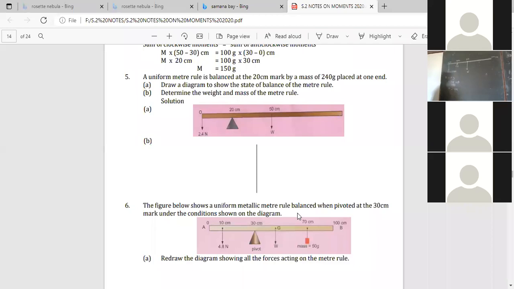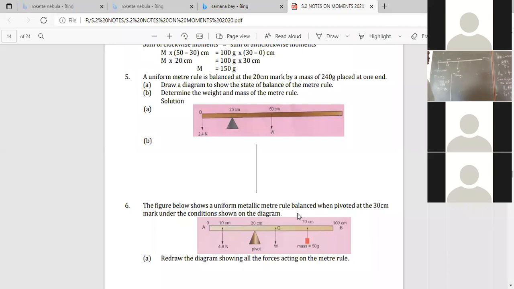The weight and the mass of the material. So what do we do? Excuse me, teacher. Yes, please. Teacher, how come we place the force at the 0 centimeter mark?